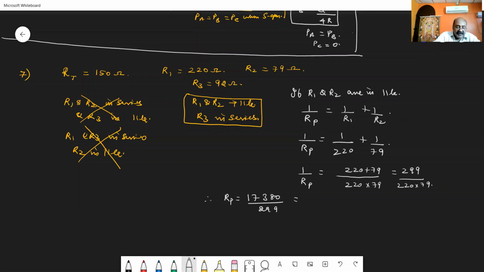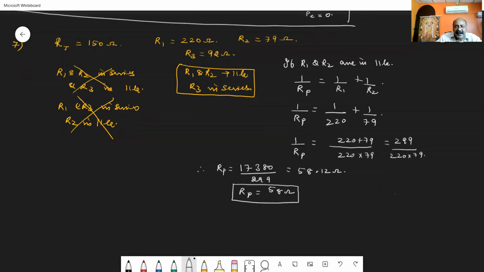When I divide by 299, I get the value as 58.12 ohm. So I am taking the value of Rp as nearly equal to 58 ohm. Then what is the next one? To this parallel combination, R3 is in series.